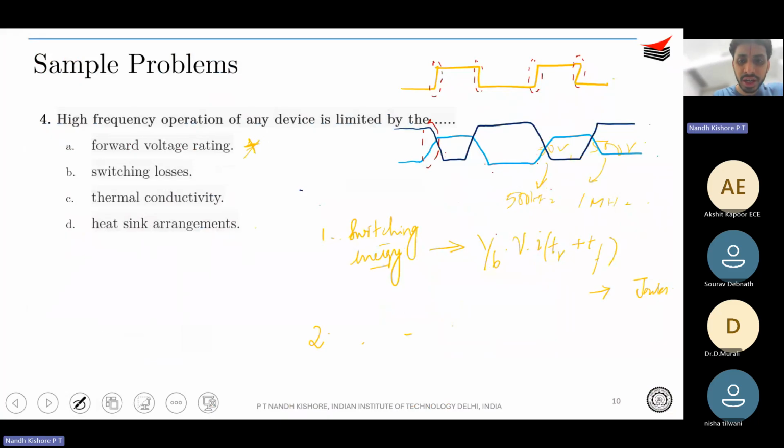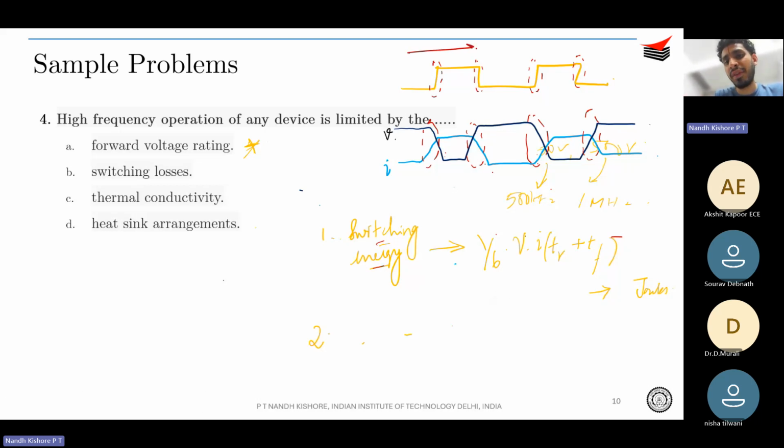So for example, let me call this as voltage and the blue one is the current. Okay. So you understand that during turn on and turn off, there is a definite or finite overlap between the voltage and current. Therefore, some switching energy is expended every time. And how frequently does it happen? It happens every switching cycle, right?